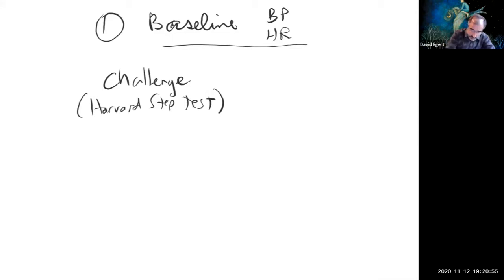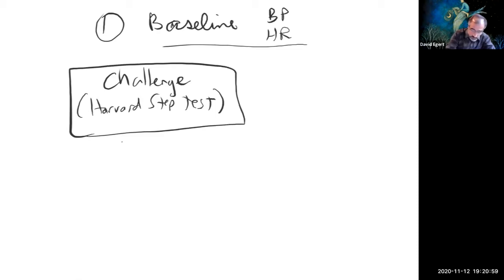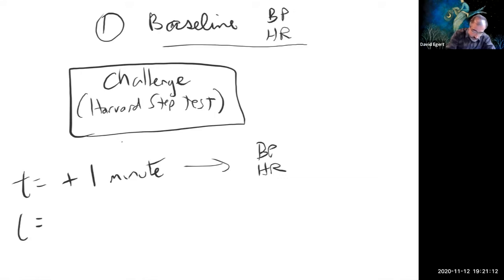Then your subject is going to sit down. Then at T equals plus 1 minute, you get the blood pressure and the heart rate. At T equals plus 2 minutes, post this, blood pressure, heart rate.